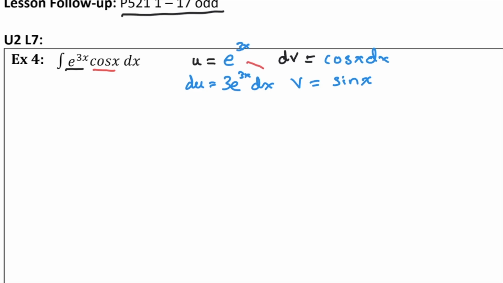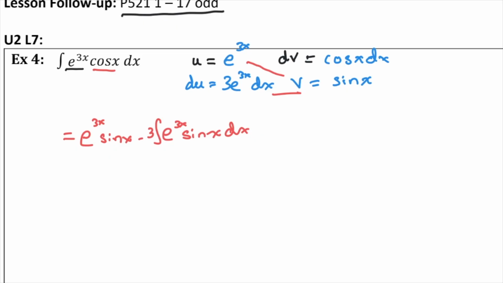Now we use our u times v minus the integral of v du, and we will see what we end up with. So an equivalent expression will be e to the 3x times the sine of x minus the integral of 3, let's pull that 3 out front, e to the 3x times the sine of x dx.